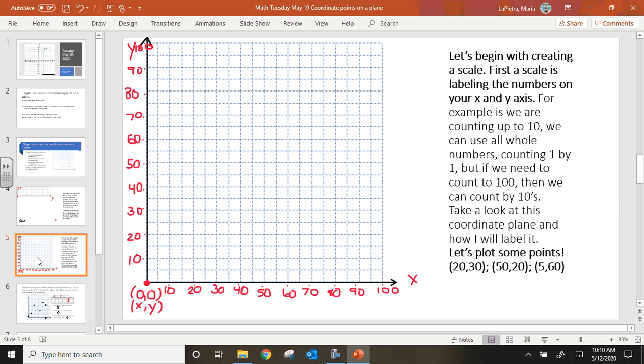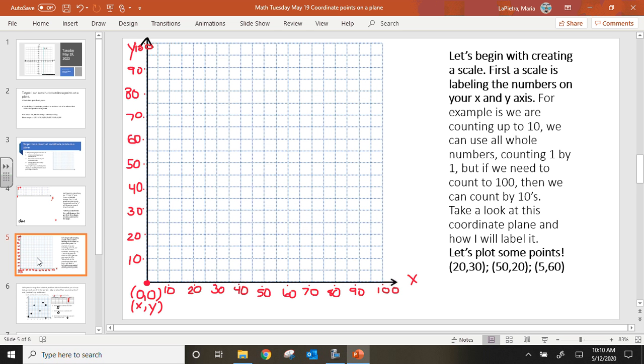Okay, let's begin with creating a scale. First, a scale is labeling the numbers on your x and your y. And how do we know how to label these? If someone wants you to label up to 100, say you're counting toys or candy pieces or anything of that matter, you don't want to have to draw or write all the numbers from 0 to 100.